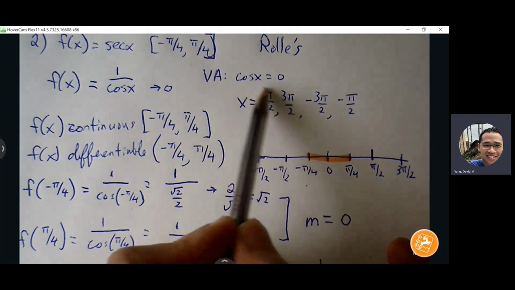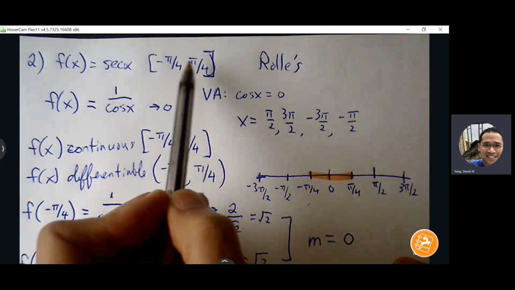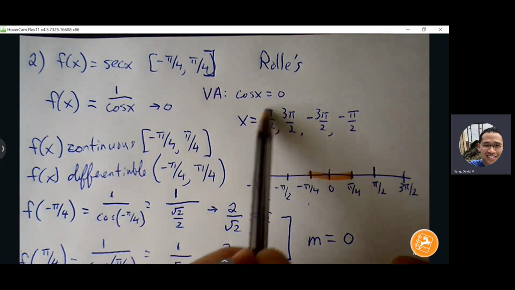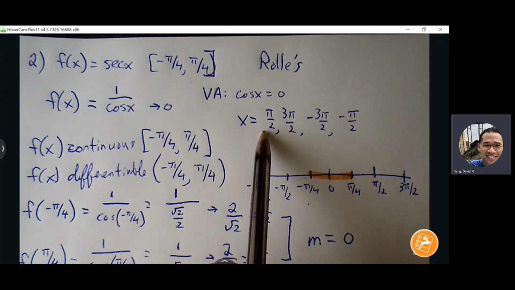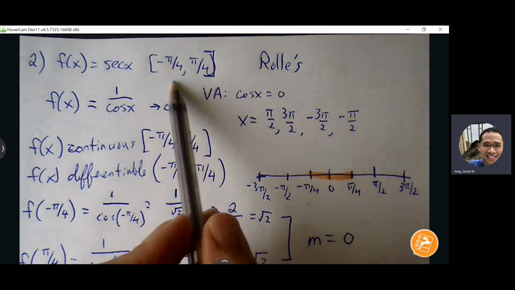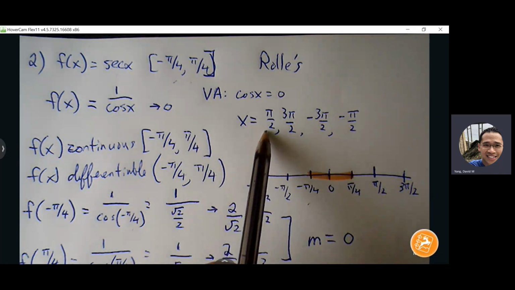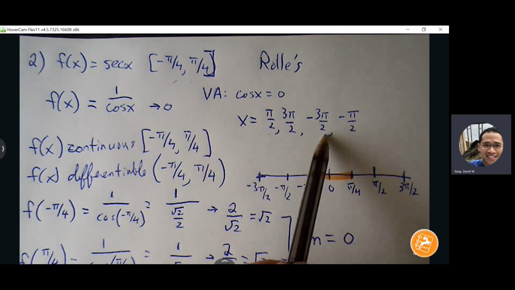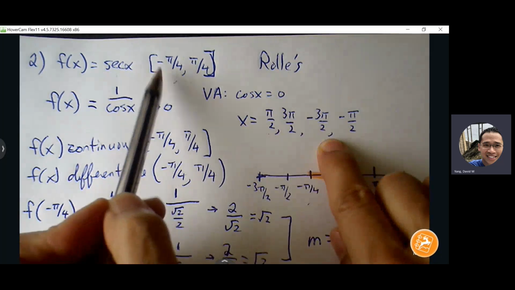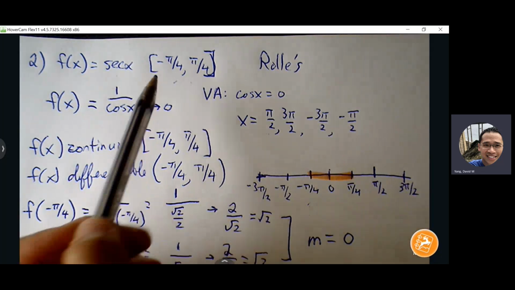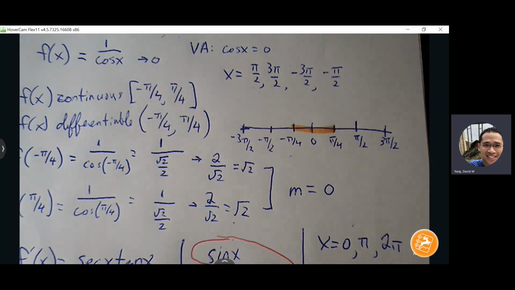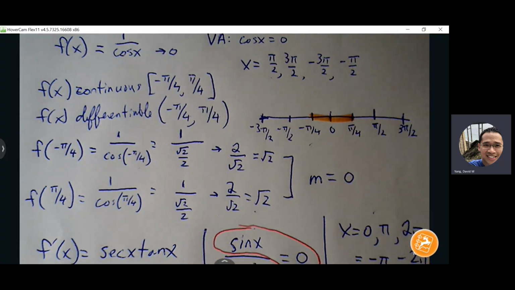So because my interval is from negative pi over 4 to pi over 4, I just want to make sure that the different locations of these asymptotes are not going to interfere. So I just subtracted 2 pi from pi over 2 and 3 pi over 2 just to find my other asymptotes and make sure that these negative asymptotes don't interfere with my negative interval. So I just included that just so I can cover my bases and have that peace of mind that I'm not overlooking something.